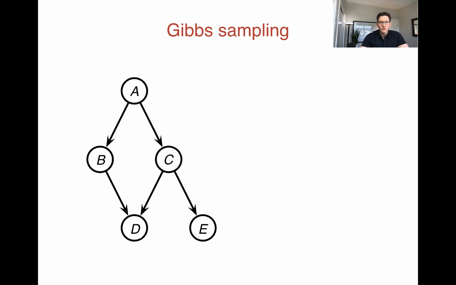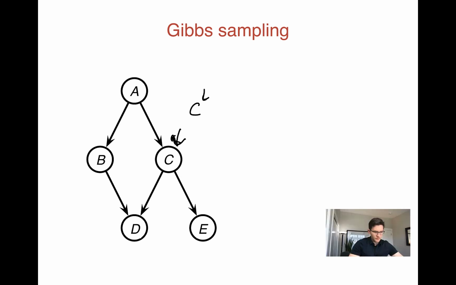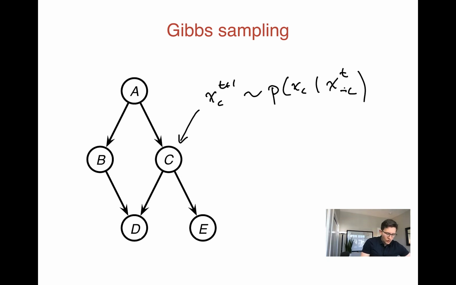Then at each iteration, we're going to pick a variable. Let's say we pick C. We're going to sample a new value of c that we'll call x_c indexed by t+1, because let's say our previous sample was t, so t+1 is going to be our next sample.